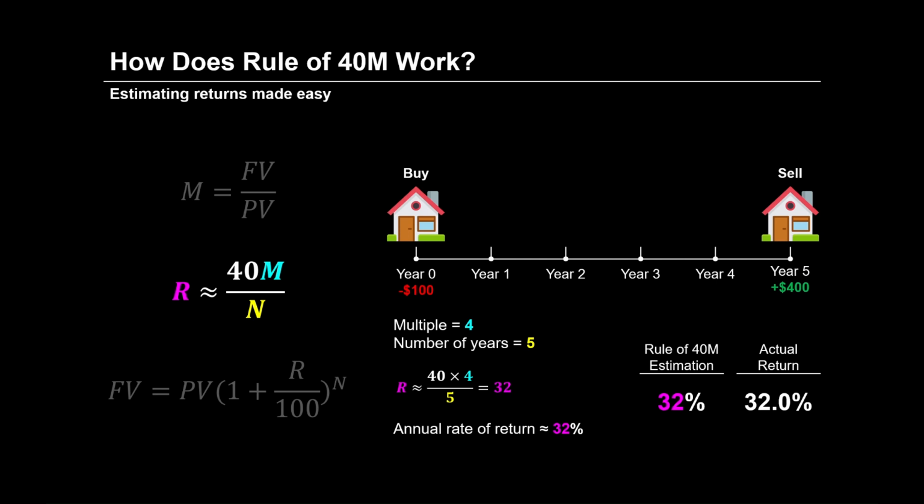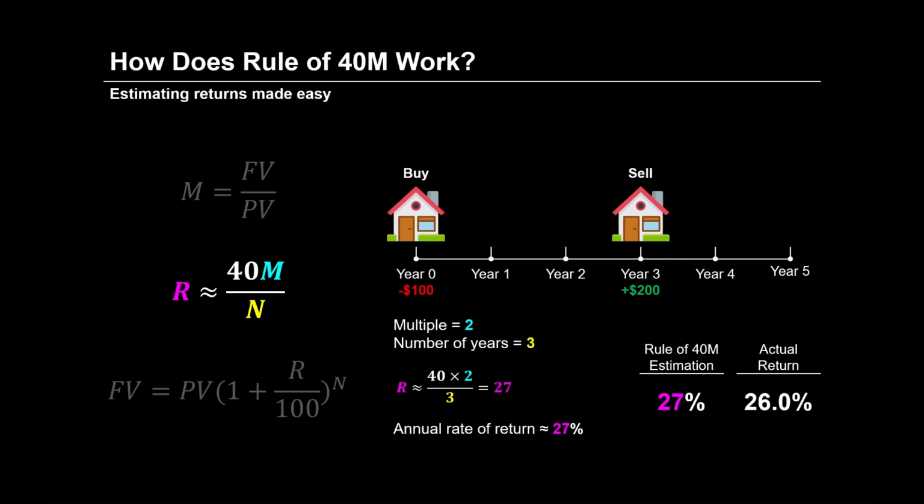But of course, in this case, you will need to think about whether the marginal increase in return justifies the risk of selling the house a year after. And if you want to be more conservative and sell the house for $200 at year 3, using the rule of 40M, you'll be able to estimate the return at about 27%, pretty close to the actual return of 26%.